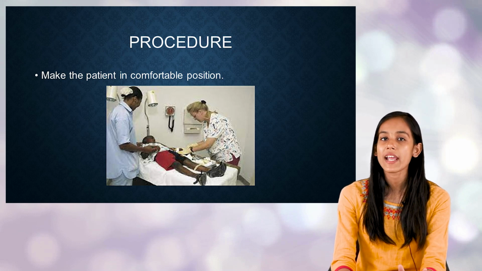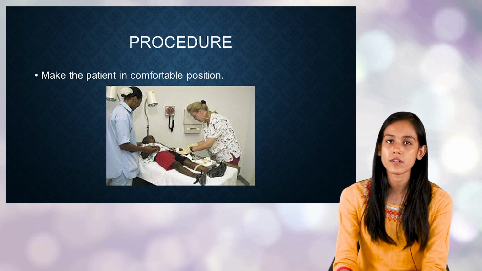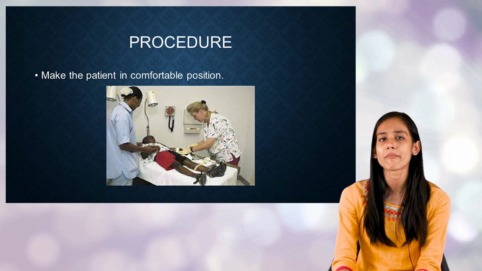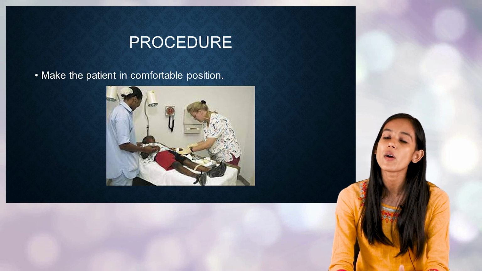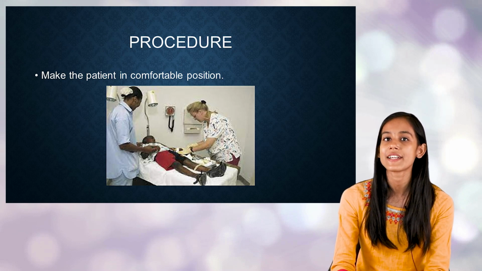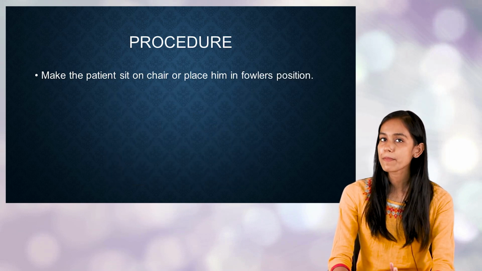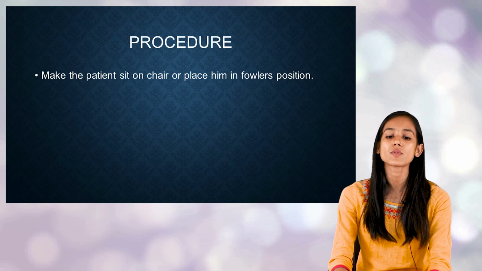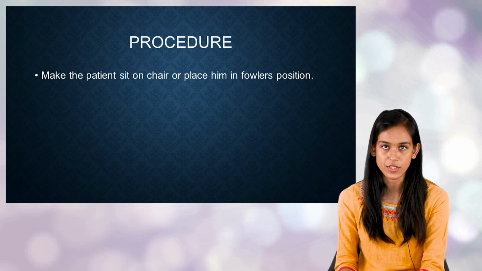If the head is not straight, that would not facilitate the tube going into the stomach, and there might be misplacement of the tube. To avoid that, make sure the patient's head is in a straight position. You can make the patient sit on a chair, or you can also place the patient in Fowler's position.